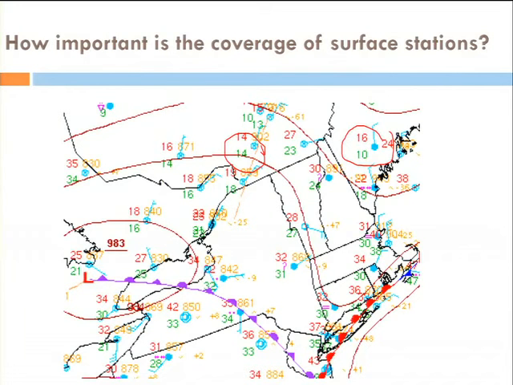Whenever you have valleys, mountains, things like that, the coverage of surface stations becomes really important. Burlington, Vermont is situated right about here.